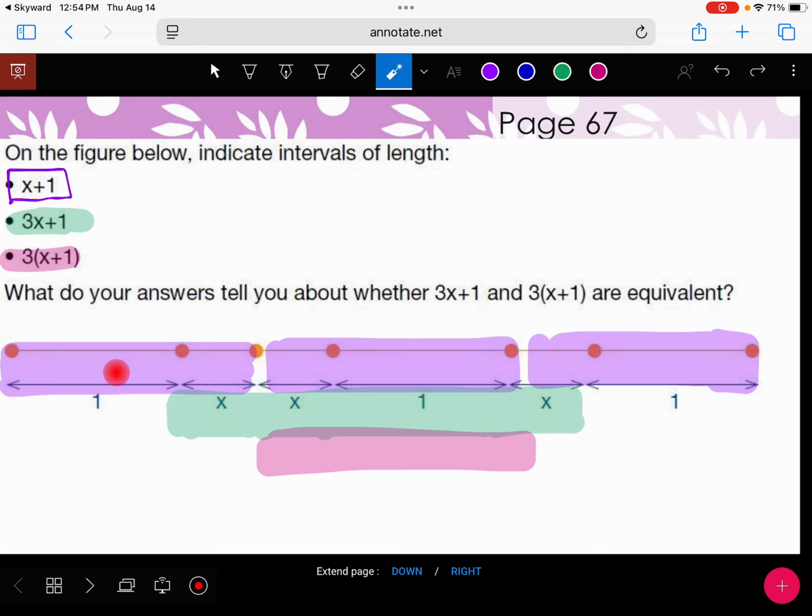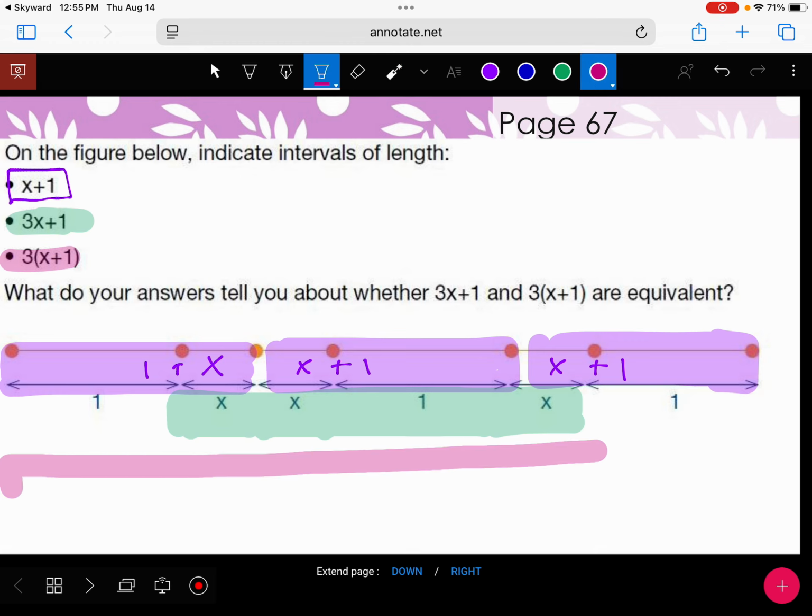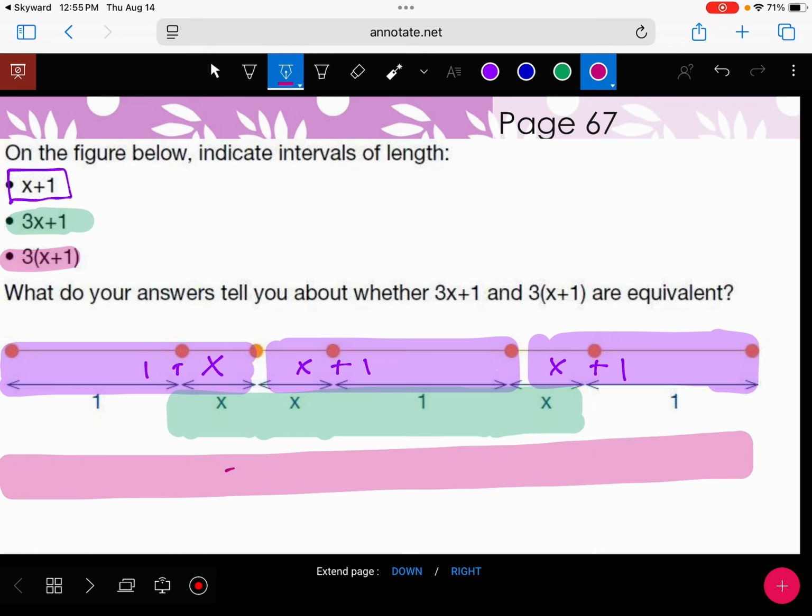Because remember, this guy was x plus 1, this one was an x plus 1, and this one was an x plus 1. So if I need 3 sets of x plus 1, I've got 1 set, 2 sets, 3 sets. This whole thing is 3 x's plus 1. It's just written in a different way. This is 3 sets of x plus 1.